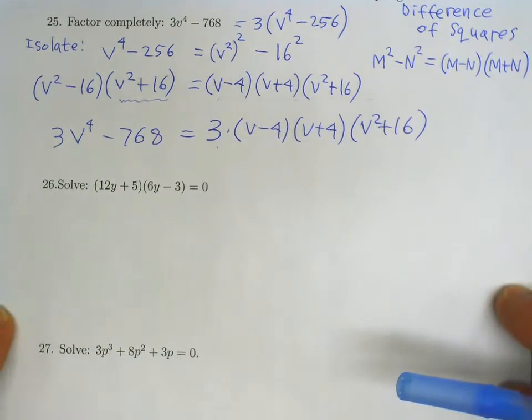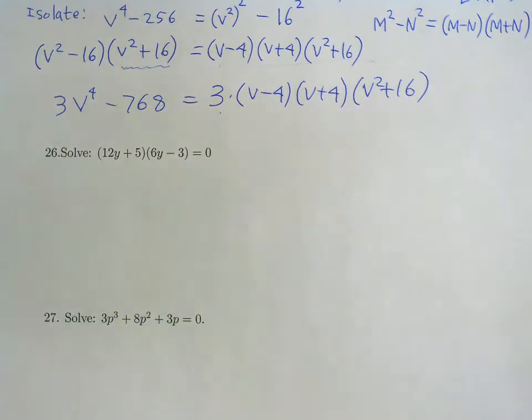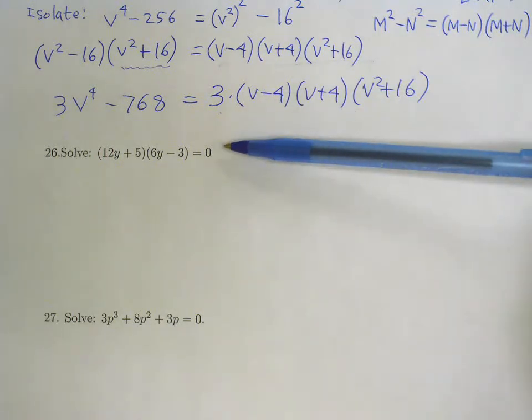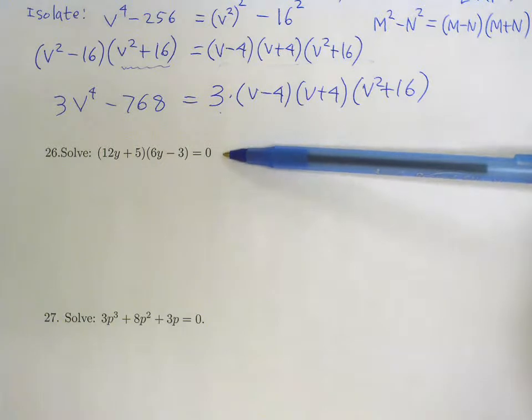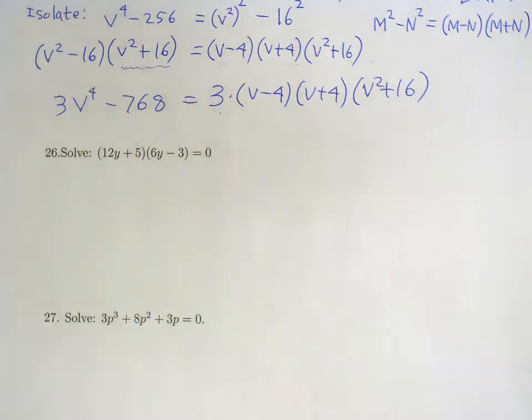Okay, the next problem, number 26. Solve the equation 12y plus 5 times 6y minus 3 equals 0. Okay, this is all set up to find the solutions. One side is 0 and the other side is already factored for us.